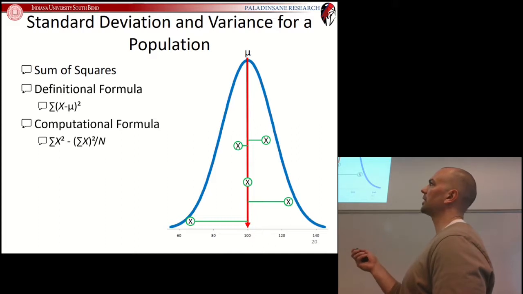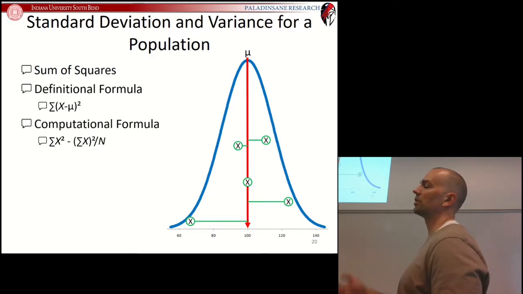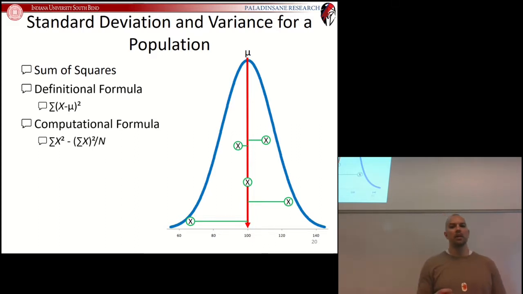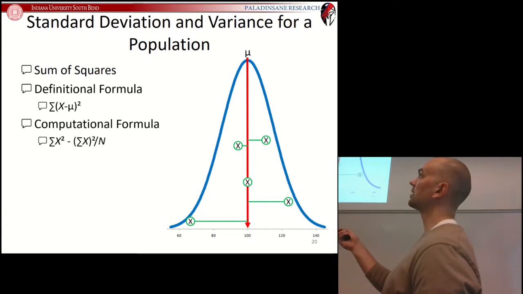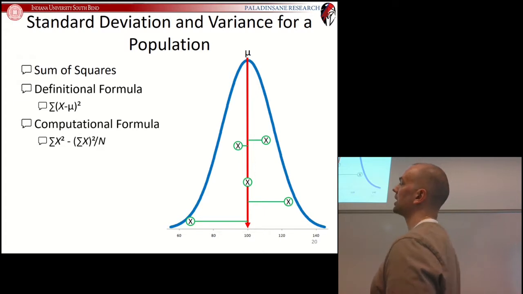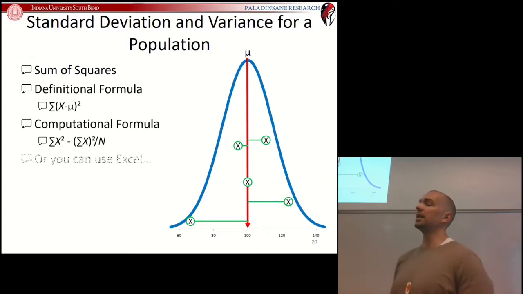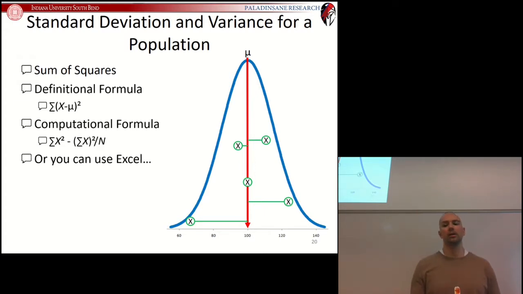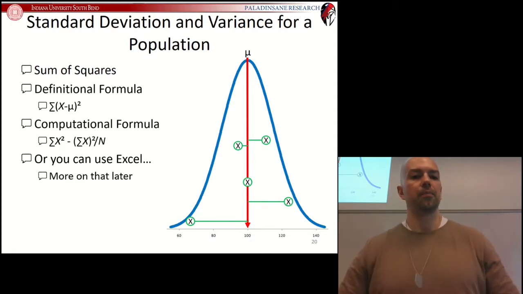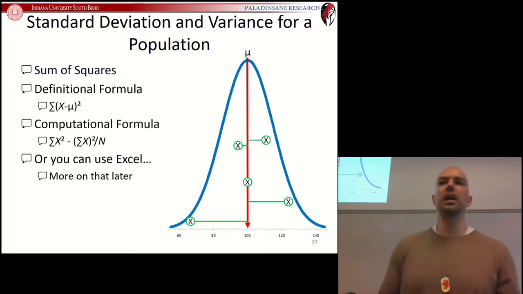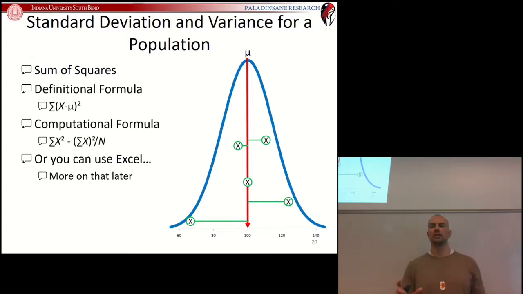So if you're ever trapped on a desert island and you have to do some stats, you're going to use that formula right there. But for us, the definitional formula gives us an understanding, the sum of the squared deviations, that's what it is. And in terms of calculating it, we're going to use Excel anyway, and we're going to see more on that later. So when you read about computational formulas in your textbook, they're exactly what you just read about. It's just mathematically easier to calculate.